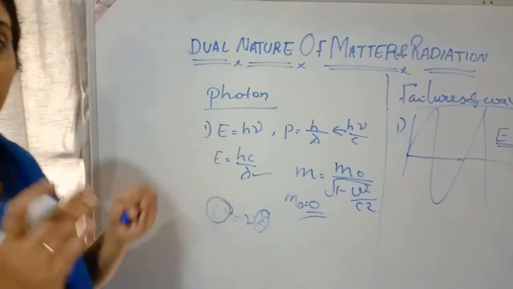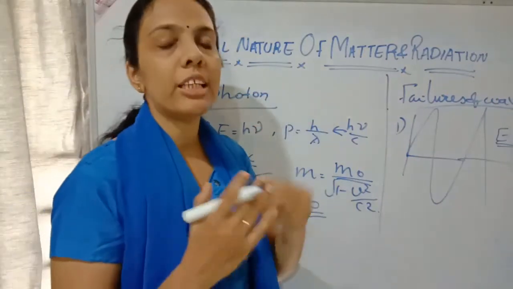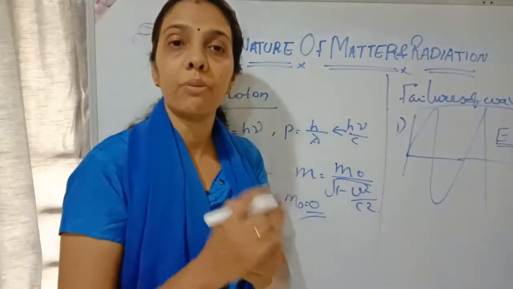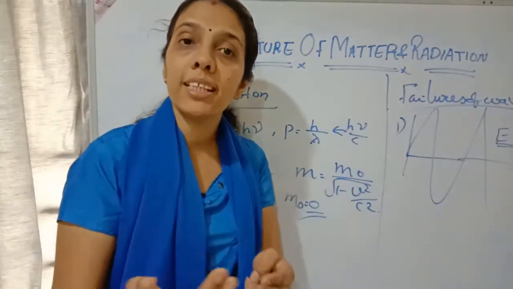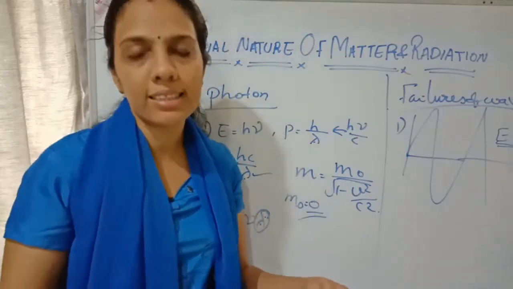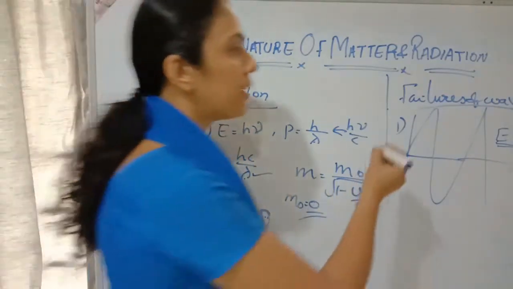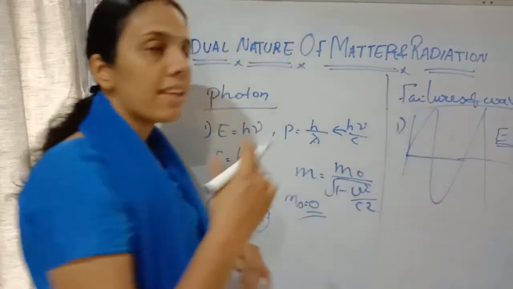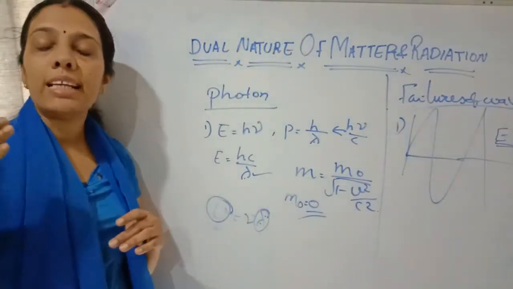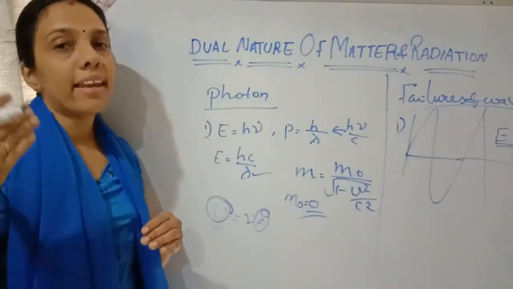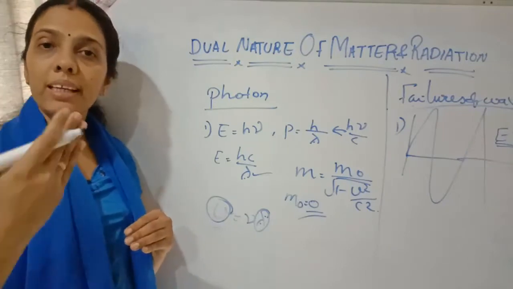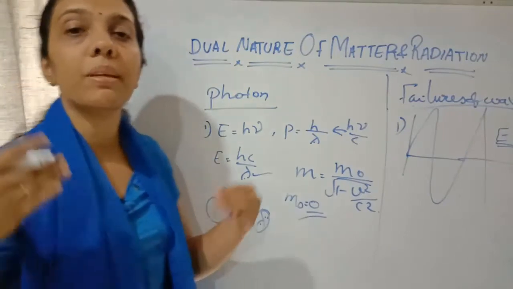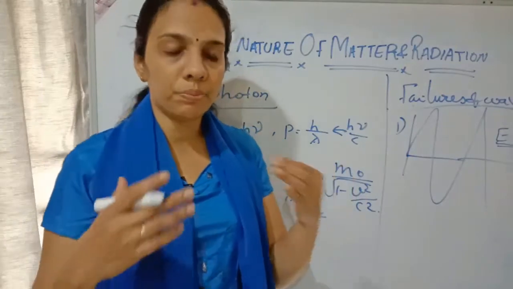But as per the photoelectric experimental results, we know that the intensity of light is independent of the kinetic energy of the electron. So the first failure is that, as per wave theory, if the intensity increases, the energy of the radiation also increases. Amplitude increasing means energy increasing.